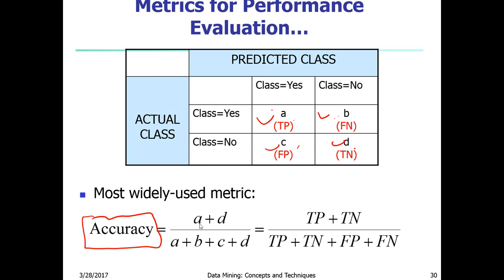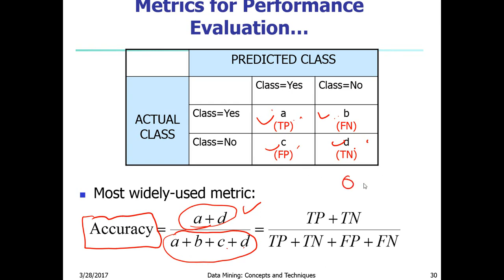Now you calculate accuracy as A plus D divided by A plus B plus C plus D. That means the percentage of correct predictions. This is the total number of observations, and this is the correct predictions, A and D, remember. So you get a certain percentage, right?